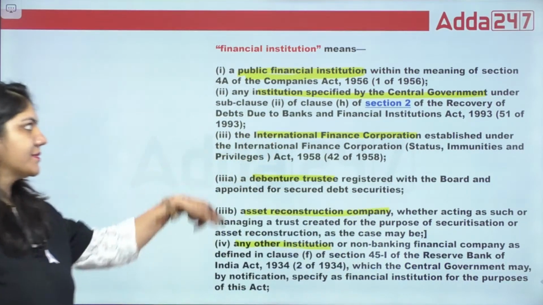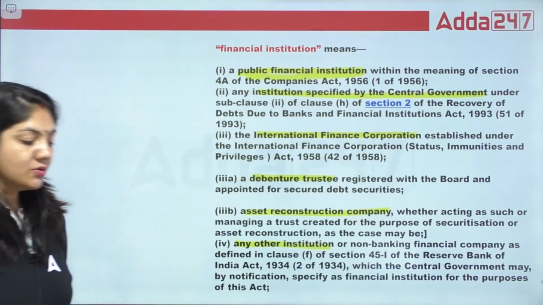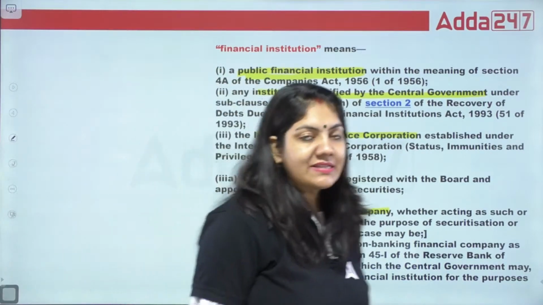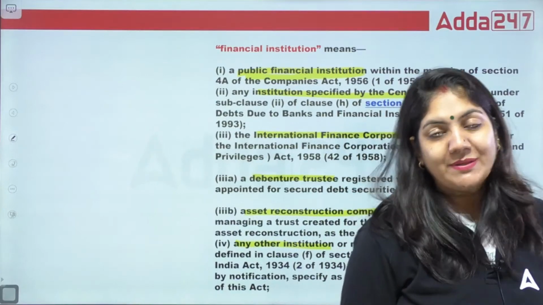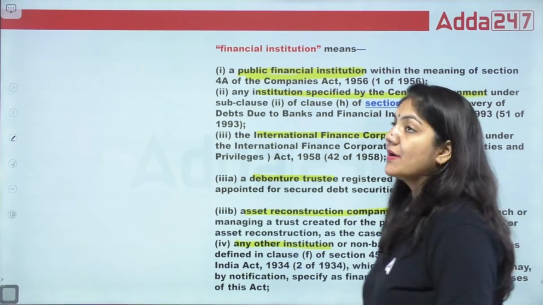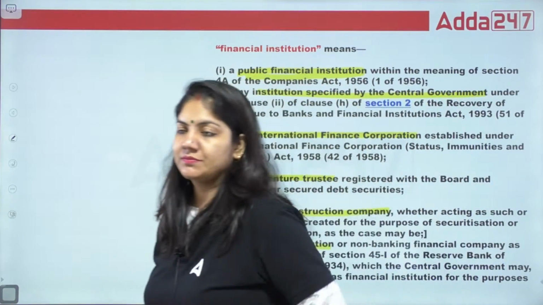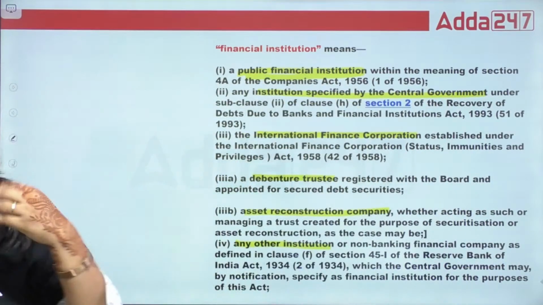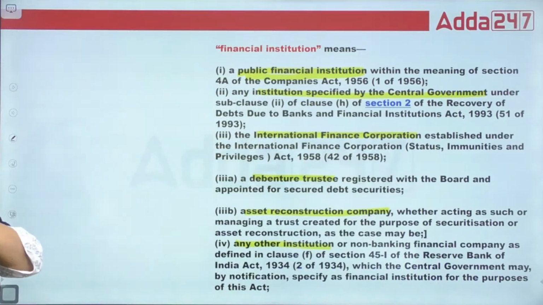This is important, guys. In your question, there will be 3 or 4 options, and you have to tick mark which definitions come under financial institution. Okay, so this is important.